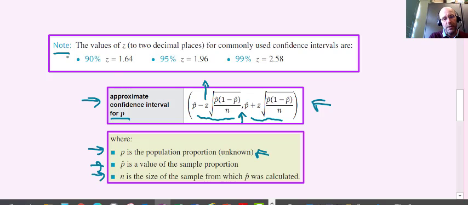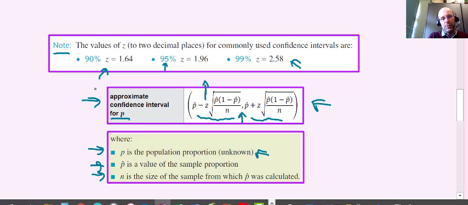The examples in this video are going to look at the 95% confidence interval, which has z-scores of 1.96 either side of the mean. But there are two other commonly used ones, and I suggest you memorize these.